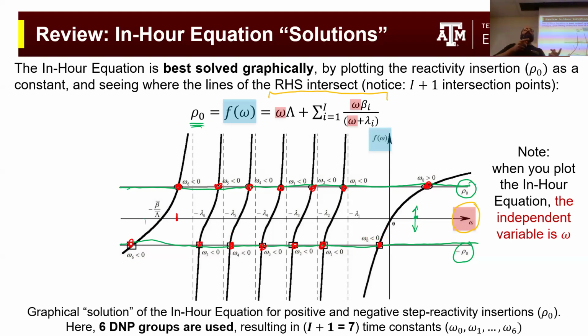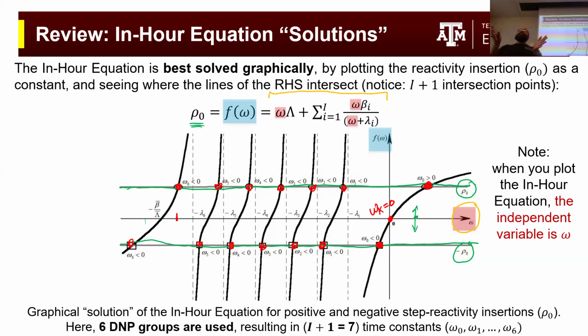So I of them are always negative, and one of them matches the sign of the reactivity insertion. If the reactivity insertion was positive, then this time constant was positive. If it was negative, then this time constant is negative. And if the reactivity insertion was 0, then omega would be 0. That's what that dot at the origin corresponds to.